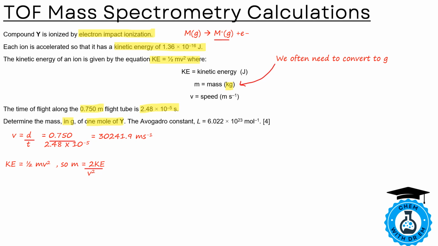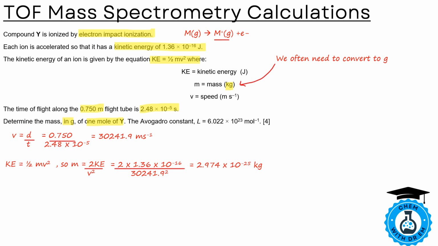We have to remember to multiply the kinetic energy by 2, and we have to remember to square the velocity, but we simply need to put these in our equation and then put it in our calculator, and we end up with our mass, but remember this mass is in kilograms. And we end up with 2.974 times 10 to the minus 25 kilograms.